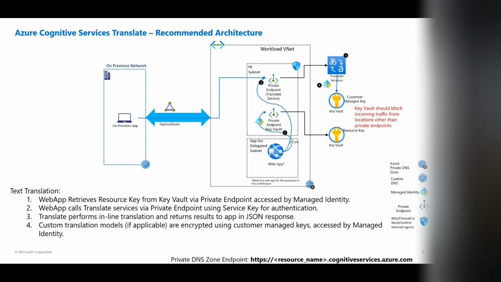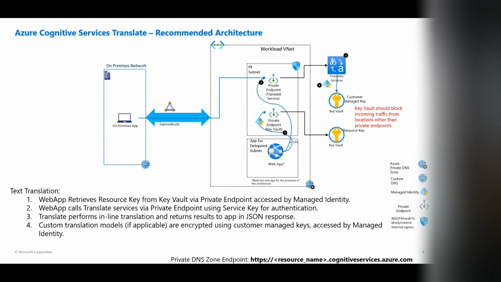In this example I'm using a web app, but that can be any other service running in Azure that needs to do text translation. And we are talking about text translation, not document translation. It connects to the private endpoint of the service.